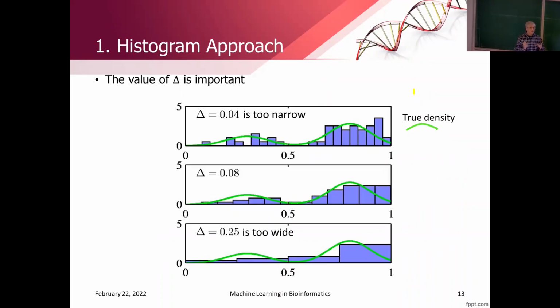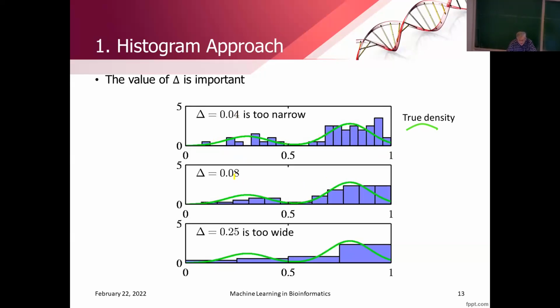We have tried that in the morning in the lab: by changing the width of the bin or the number of bins, we can change the figure. If the true density is this green continuous function, then if we use too narrow bins, so too many bins, we obtain this histogram, which is not a good approximation of the true density.